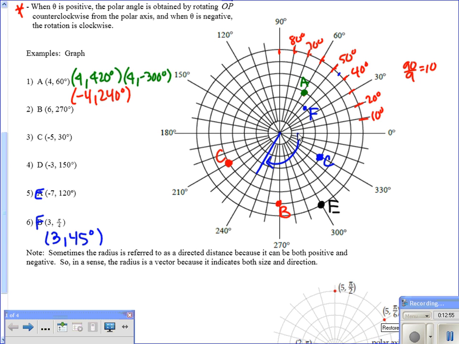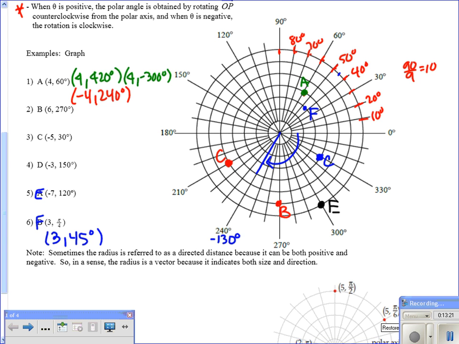In the negative direction, from here to here, I get negative 120, because you're just going to subtract 240 minus 360, which gives you this value.